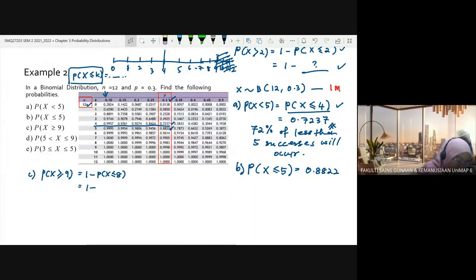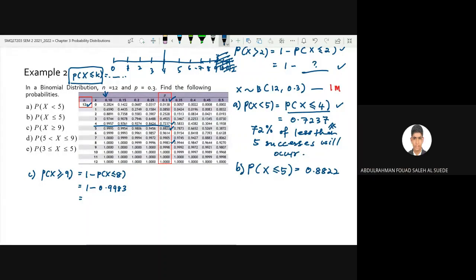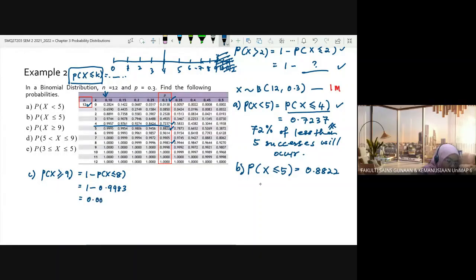So 1 minus 0.9983. What do you get here? 0.0017. Is it correct? Okay.